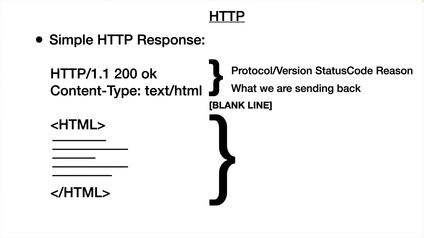Then this tells what we're sending back, the content type. So this is text, and more specifically, this is HTML text, is what that's telling us. And then down here in the body, this is the actual HTML code. So that explains the process of HTTP and gives you some information about request and response in that protocol.